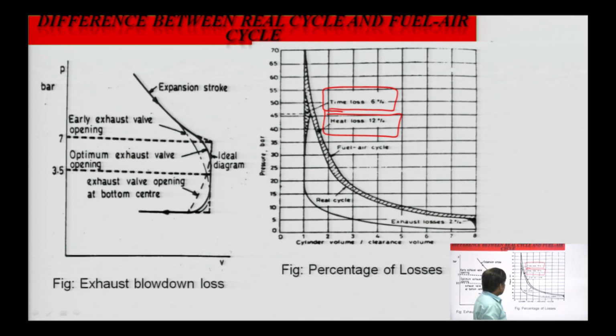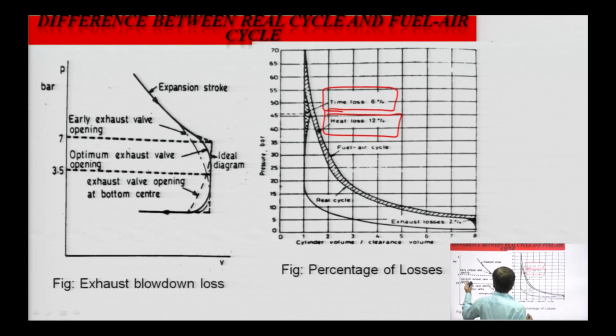So, this was some analysis of the fuel air cycle and the real cycle. The real cycle has 18 to 20% less thermal efficiency as compared to the fuel air cycle, because here I have considered various losses: time losses, heat losses, rubbing friction, exhaust blow down, pumping losses, etc.